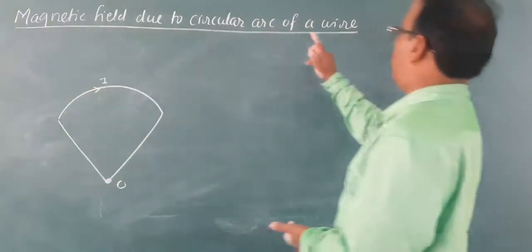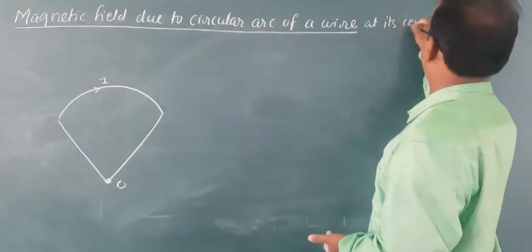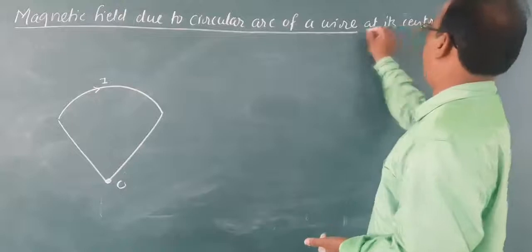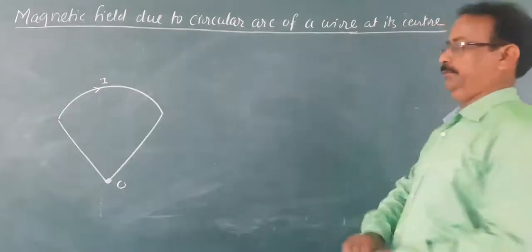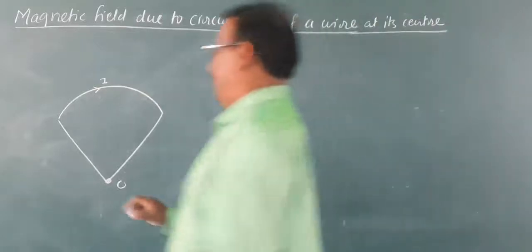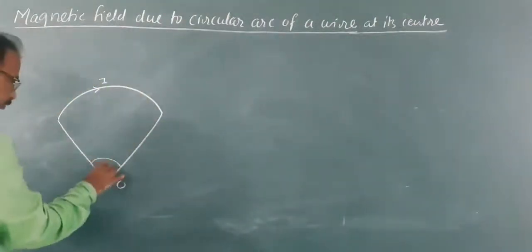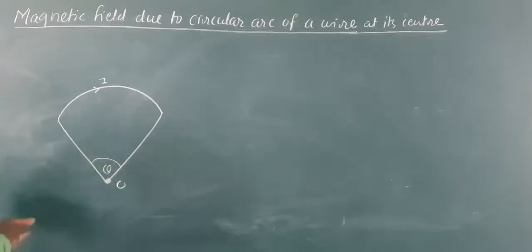Magnetic field due to circular arc of a wire at its center. We will find magnetic field at the center. How to find this? This is circular arc of a wire subtending an angle theta with the center.